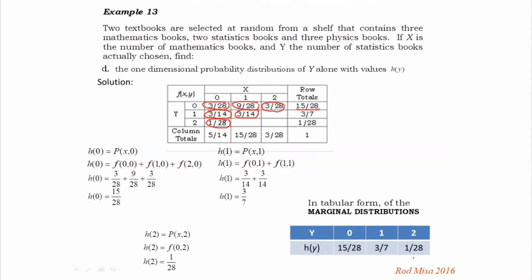But this happens in only one case. Therefore, this marginal distribution of your random variable y is taken from the row totals here. So the numbers in the row total comprise the marginal distribution of y.